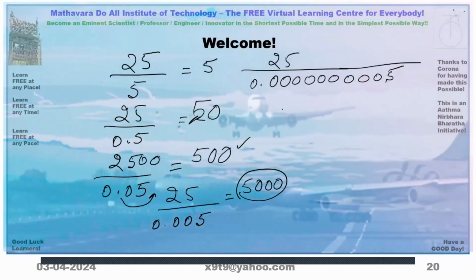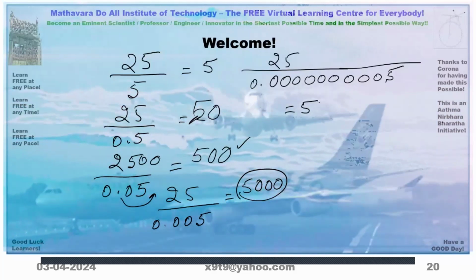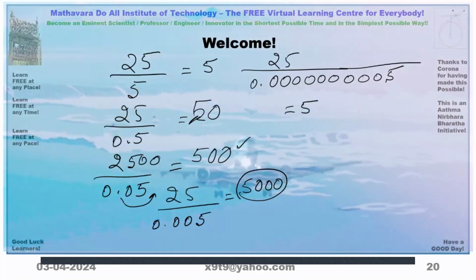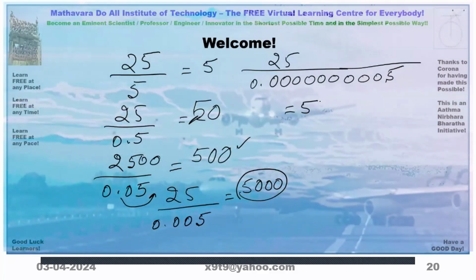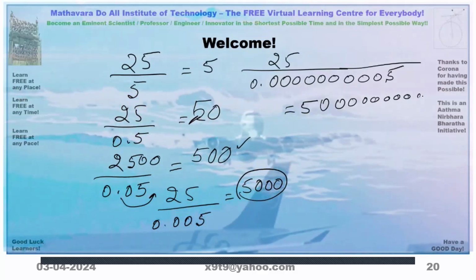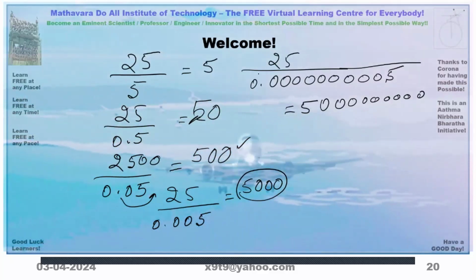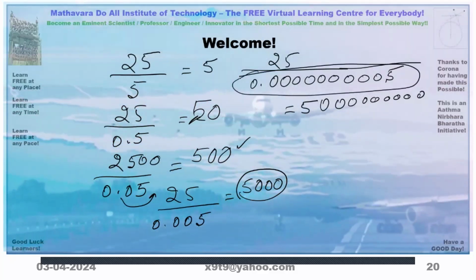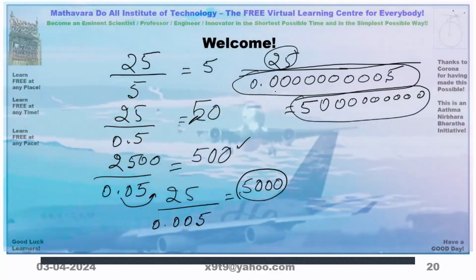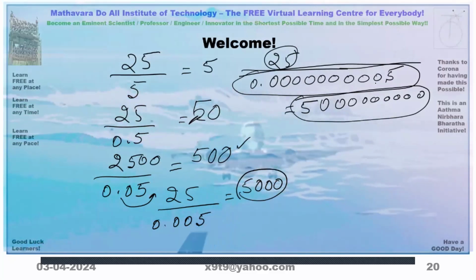How much will it become? It will be 5 followed by the number of zeros. So we are shifting that one. So 9 zeros will. So as we keep on reducing, this number will keep on increasing, numerator divided by a small number.